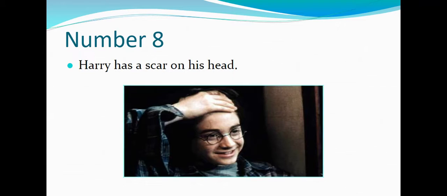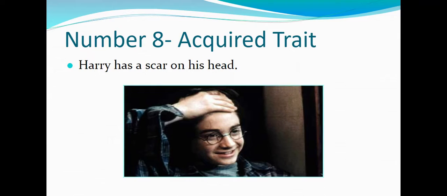And if Harry and Ginny ever had children, would his children have a scar on their forehead? I hope you said it was an acquired trait because that is definitely something that he got from Dumbledore. It was not something he got from his parents, and it cannot be passed on to his children.